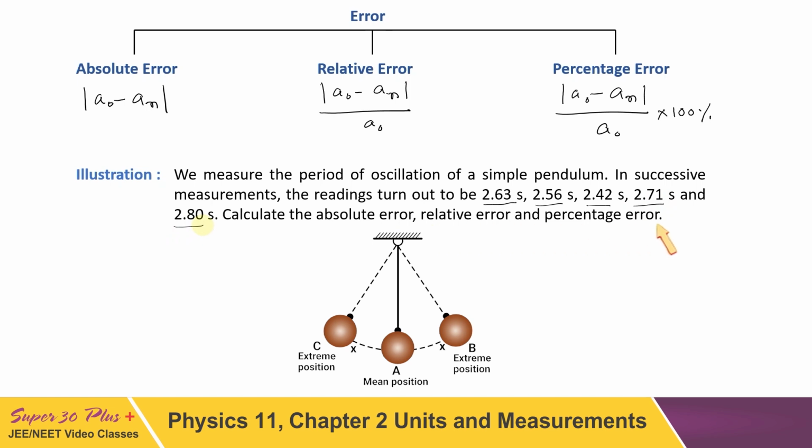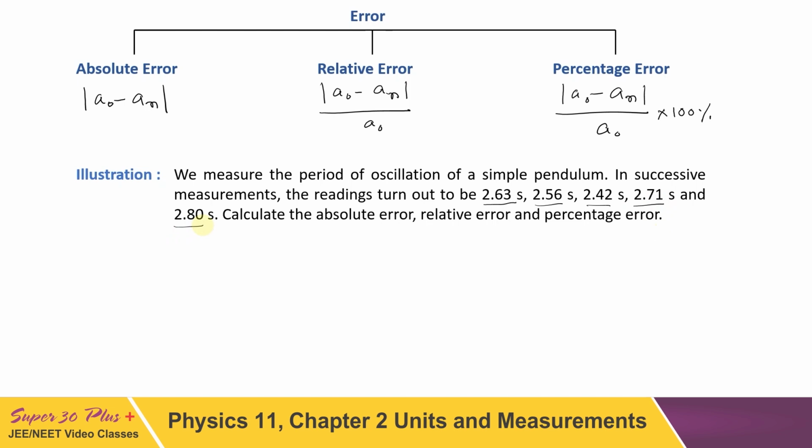First we have to check what is the true value. So A0 has to be taken, because here in the question the true value is not directly provided. So we have to take the mean of all the observations, that would be 2.63 plus 2.56 plus 2.42 plus 2.71 plus 2.80, and this whole divided by how many observations there are, 5.